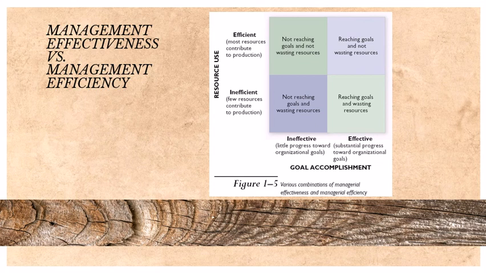So, if you will notice, the differences between effectiveness and efficiency can be summed up shortly, sweetly, and succinctly. Being effective is doing the right thing, while being efficient is doing things right. So, tinitigan natin yung ganong aspeto.